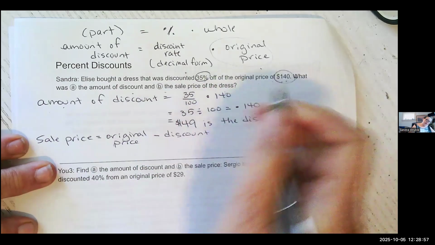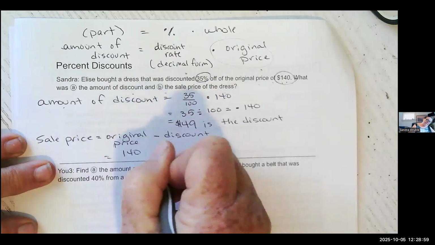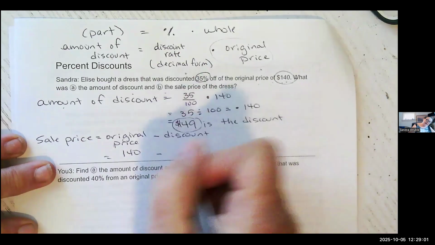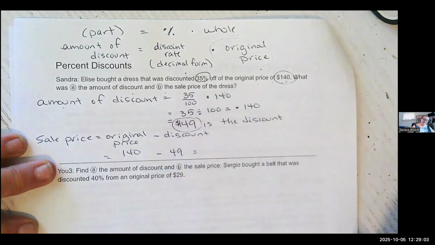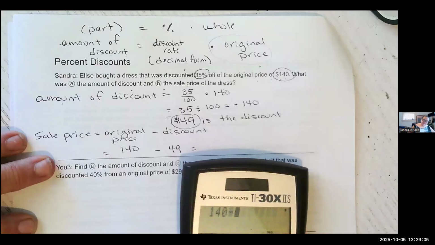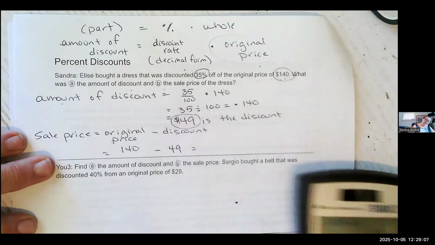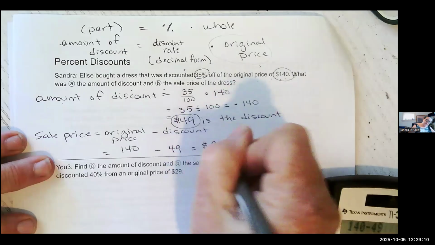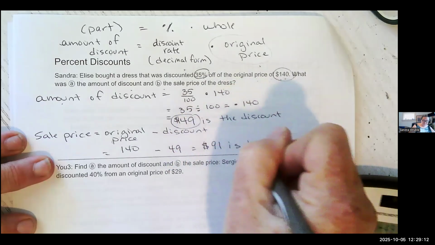The original price was $140 minus the $49 discount. And I got 91. So $91 is the sale price.